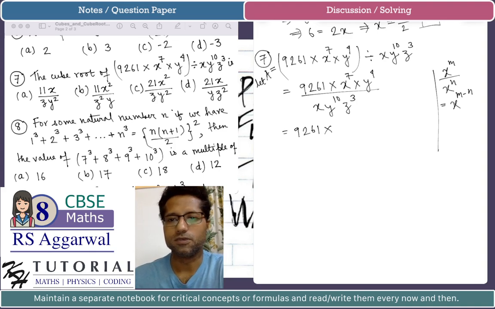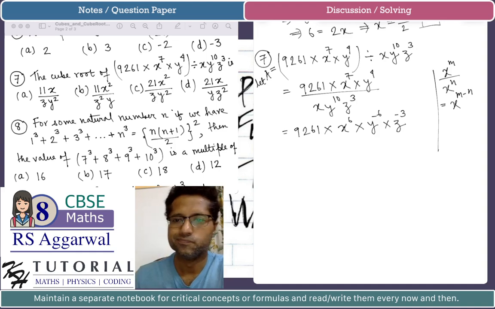If we apply this concept and merge all the powers of x, all the powers of y and all the powers of z, we get x to the power 7 minus 1, that is 6, and y to the power 4 minus 10, that is minus 6, and 1 by z cube means z to the power minus 3. We have this.